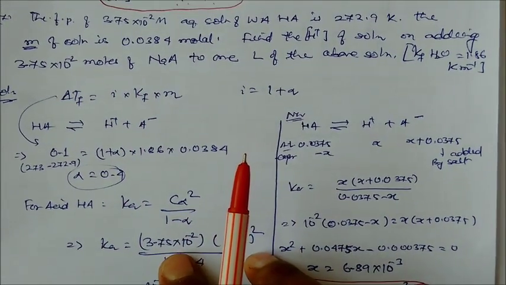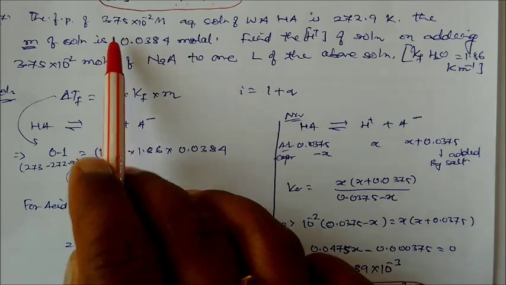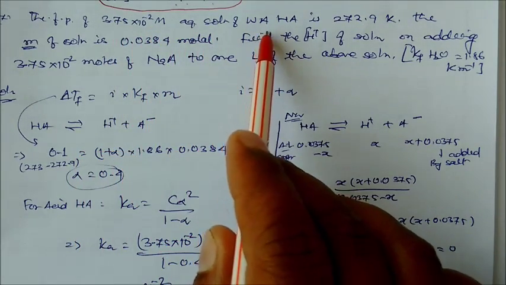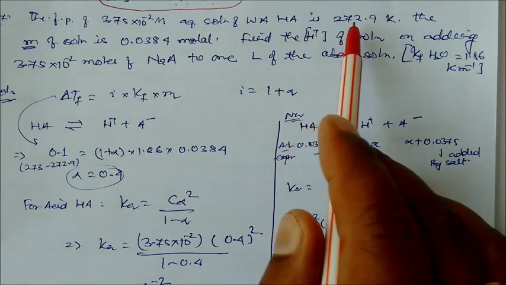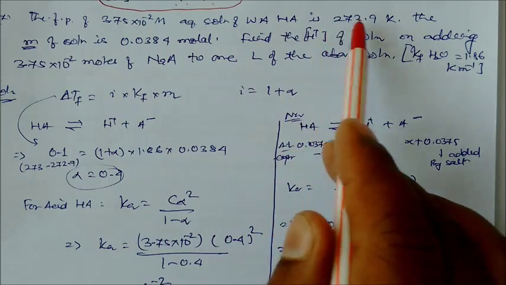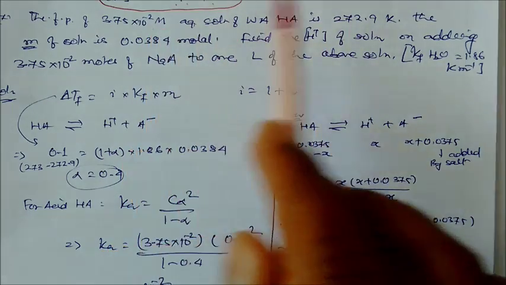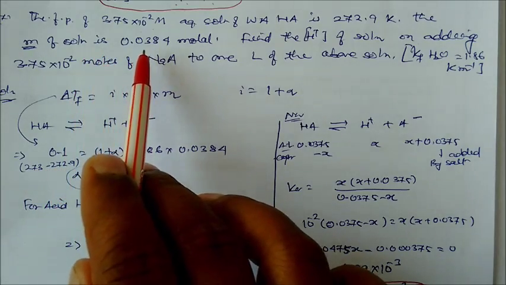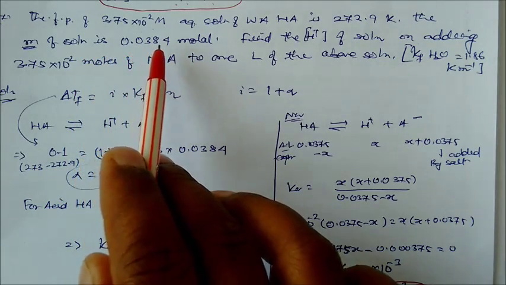Now, the freezing point of a 3.75 into 10 power minus 2 molarity aqueous solution of a weak electrolyte or weak acid, that is HA, is 272.9 Kelvin. So this is the freezing point, and this is the concentration. The molality of the solution is 0.0384 molar.